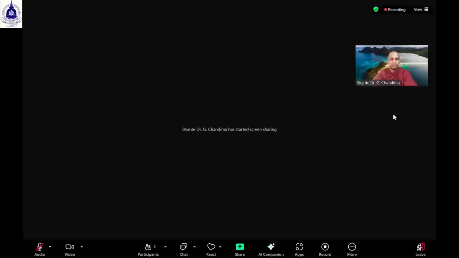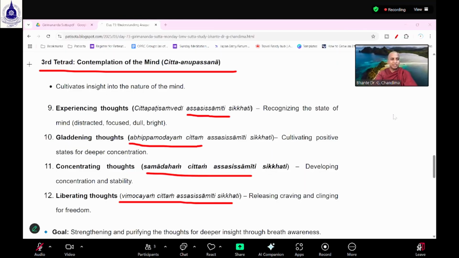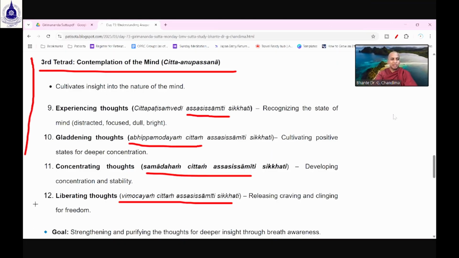So this is called chittanupassana. Someone who wants to be really serious about breath meditation can go to the third tetrad. This has 4 levels. That means the calmness you've been creating through the breath now goes into the nature of your thoughts.